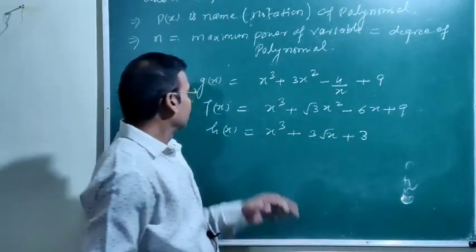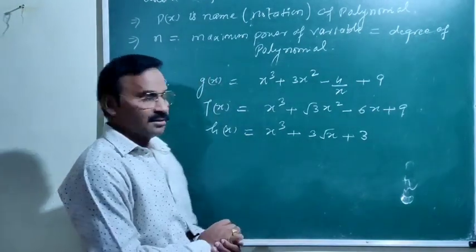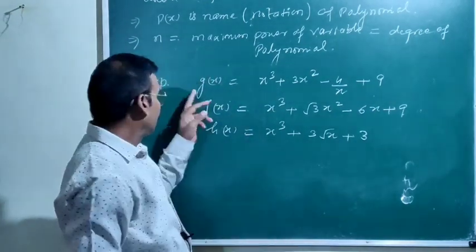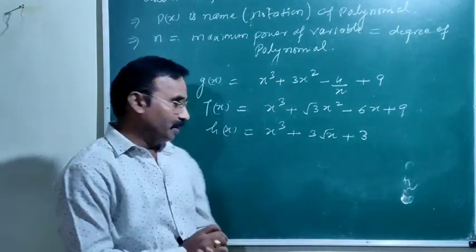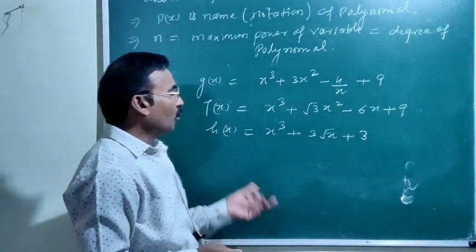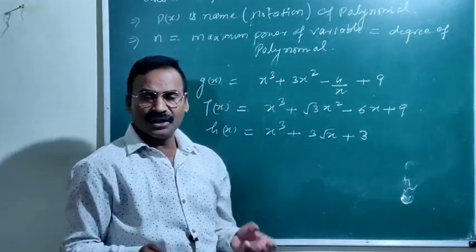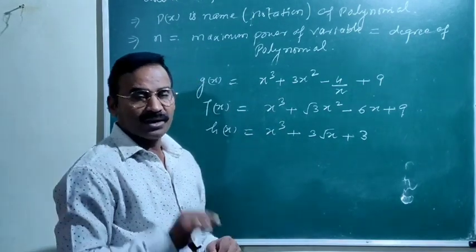Now let us discuss which is the polynomial. Is Gx a polynomial, is Fx a polynomial, is Hx a polynomial? Let us observe the definition. According to the definition, the power should be a positive integer or whole number.